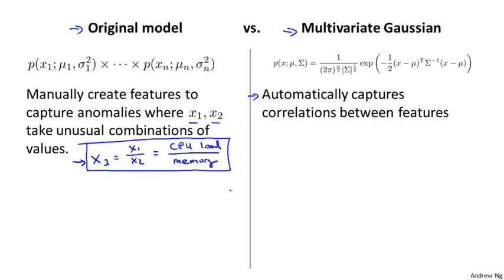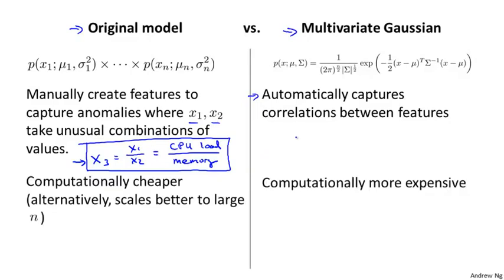But the original model has some other, maybe more significant advantages too. One huge advantage of the original model is that it is computationally cheaper. Another view on this is that it scales better to very large values of n, to very large numbers of features. So even if n were, say, 10,000, or even if n were equal to 100,000, the original model will usually work just fine.